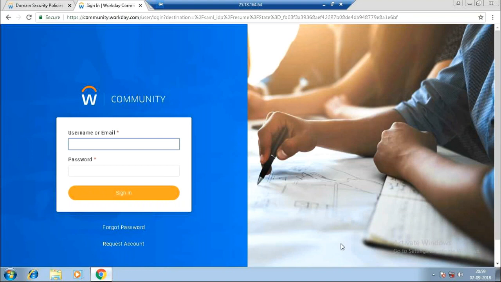No, this is only provided to persons who are working in the Workday domain, either at a client location or at any Workday implementation location. The reason is that this is controlled by Workday only.